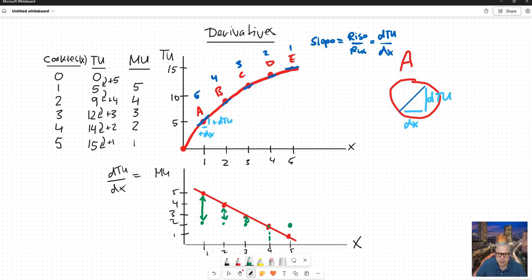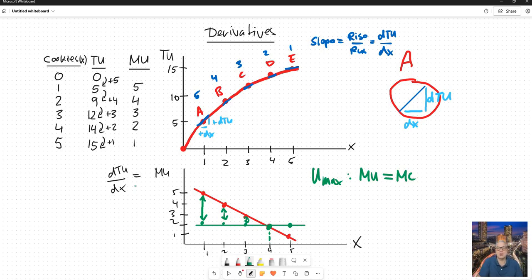And you maximize utility, so the utility max is always where the marginal utility is equal to the marginal cost. So the marginal cost is always constant, so that's a straight line, so that's the marginal cost. And you see at 4 cookies, at the fourth cookie, we maximize our utility.